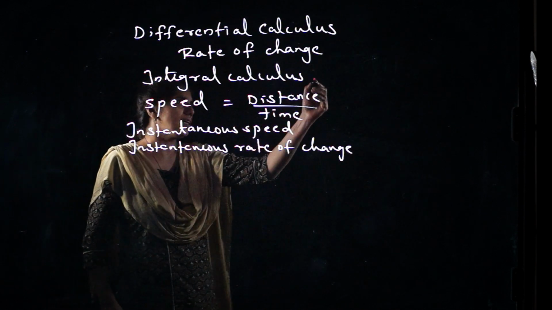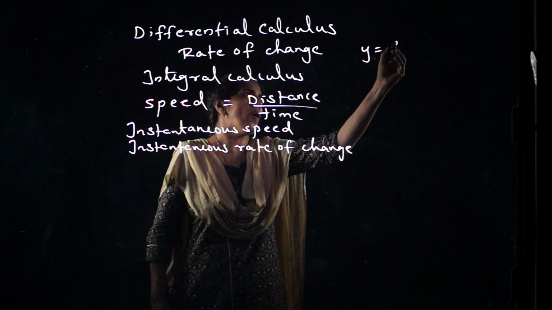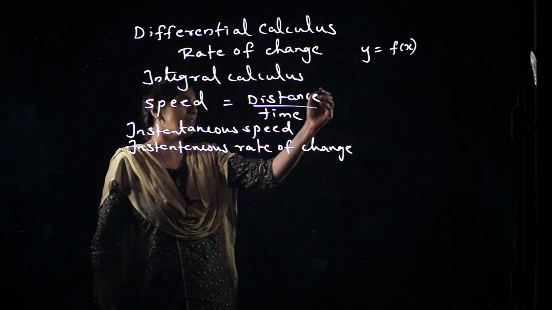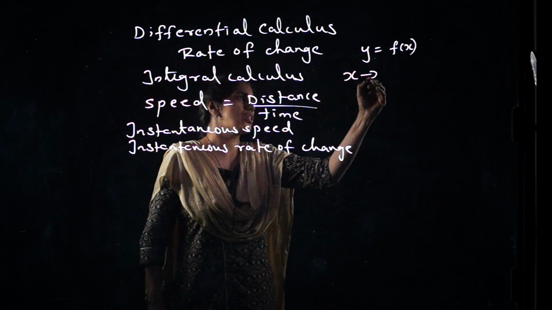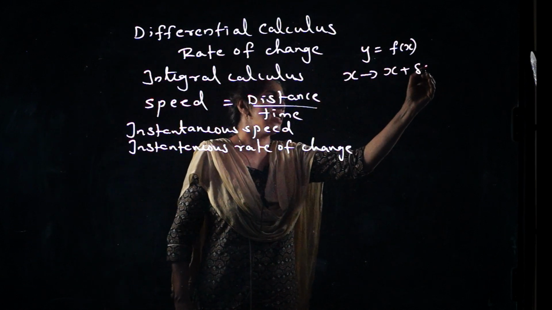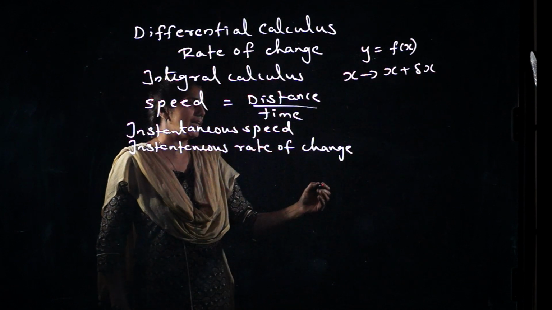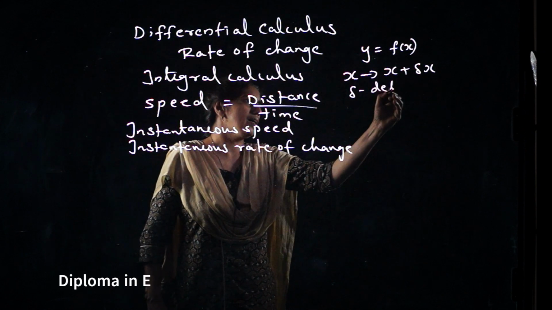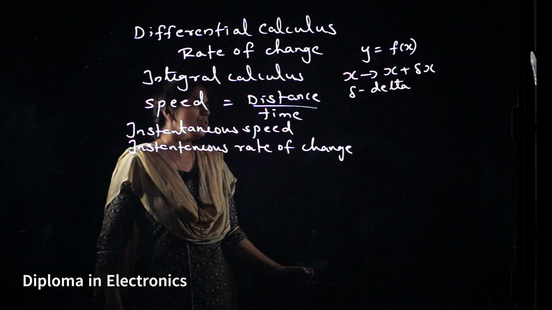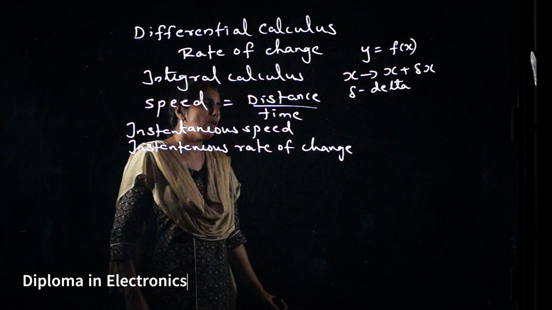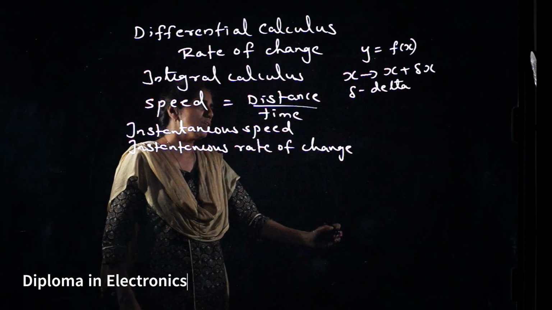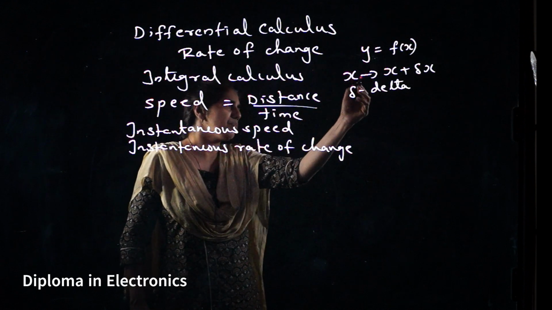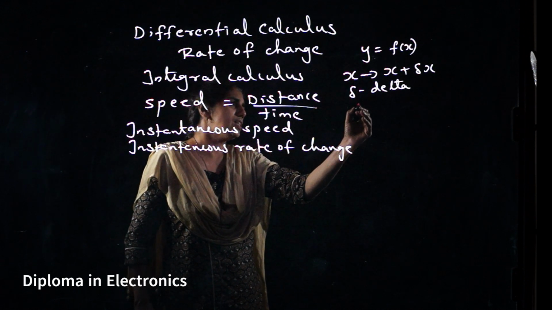So consider a function y is equal to f of x. Suppose x changes to the quantity x plus delta x. This is the Greek alphabet delta. Delta is used to denote very small increments in mathematics. So when x changes to x plus delta x, correspondingly y also changes.